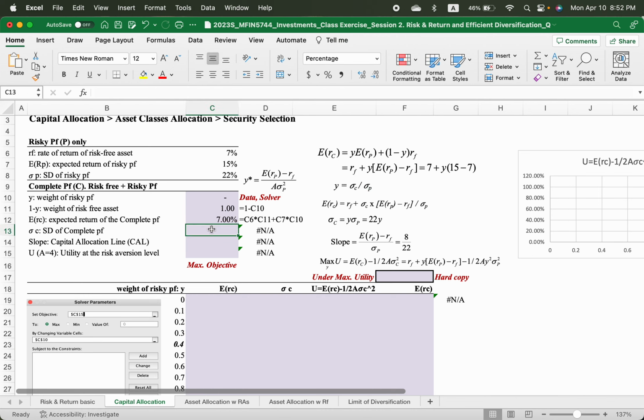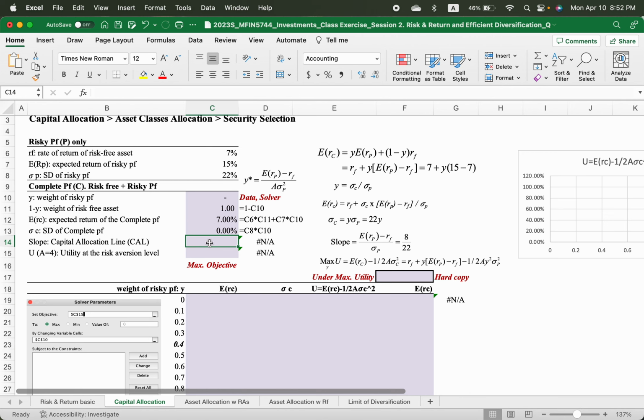Now, let's calculate the complete portfolio standard deviation from this equation. So just 22% times the weight. So at this stage, we have a 0% complete portfolio standard deviation, but we'll update this.